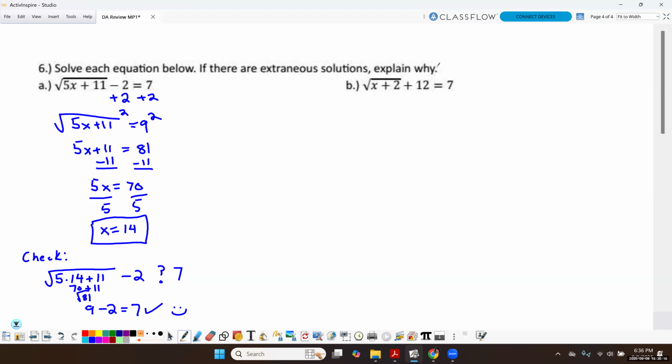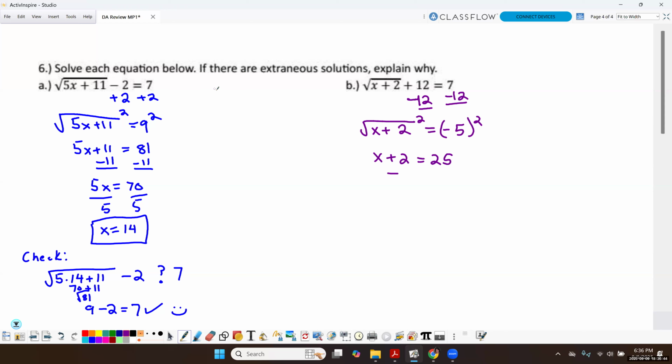Letter B, we're going to start by isolating the root. So we're going to subtract the 12. Isolate the root. Get rid of the root. Square both sides. Isolate the x.